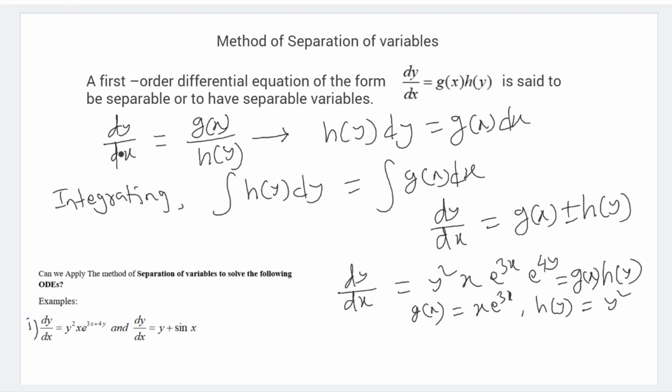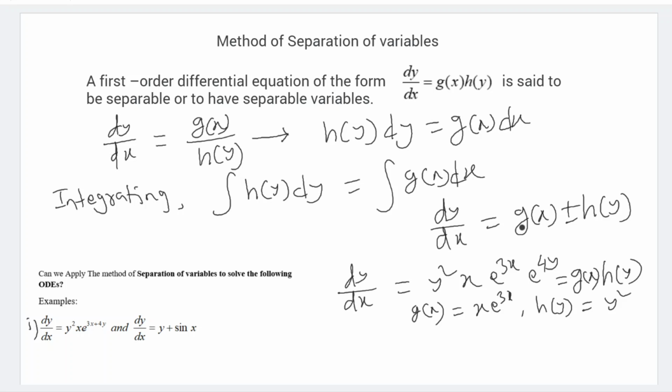Similarly, when dy/dx is equal to a function of x divided by a function of y, we also can apply separation of variables. But when dy/dx is equal to g(x) plus or minus a function of y, we cannot apply separation of variables.